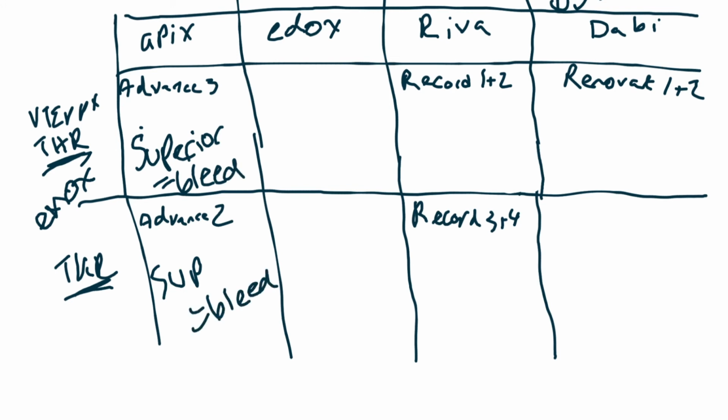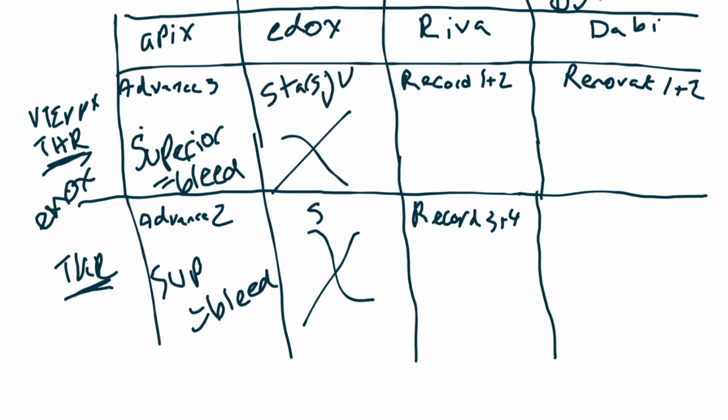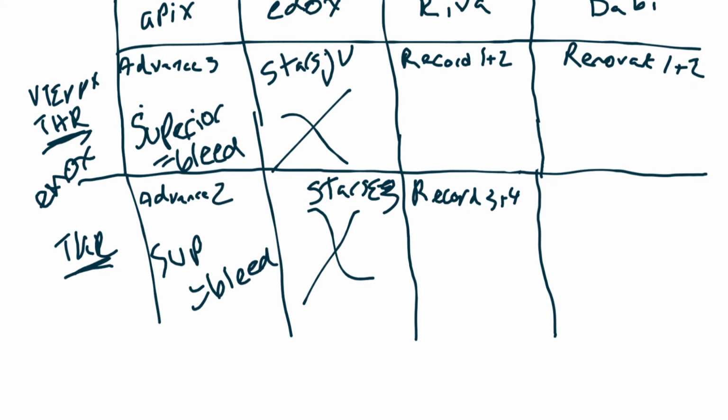The edoxaban trials, I'm not going to talk about them because they're not approved for this indication, but just for reference, you can look at STARS J-V here, and you can look at STARS E-3 in your own time. Rivaroxaban, we have RECORD 1 and 2 that looked at total hip replacement, and RECORD 3 and 4, which looked at total knee replacement. Both were superior with no difference in bleeding.